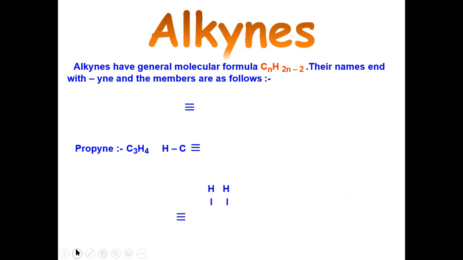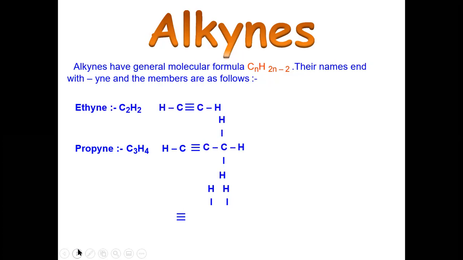Alkynes have the general molecular formula CnH2n minus 2. Their names end with YNE and the members are ethyne C2H2, propyne C3H4 and butyne C4H6. These are the structures of the members of the alkyne series.